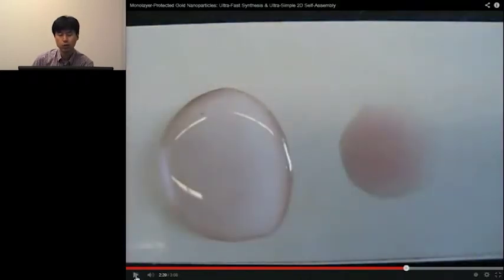In this demonstration, the original gold nanoparticles are mixed in hexane, so the continuous medium is hexane. For comparison, the second drop, located on your left, is in toluene.